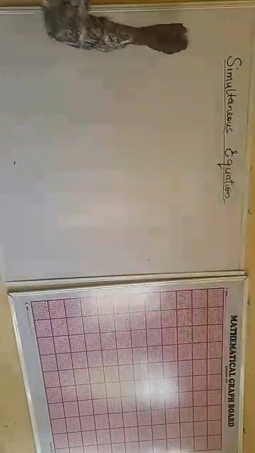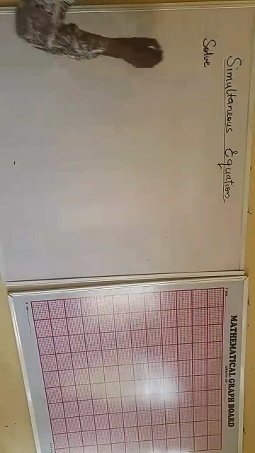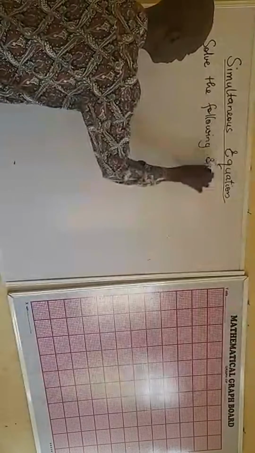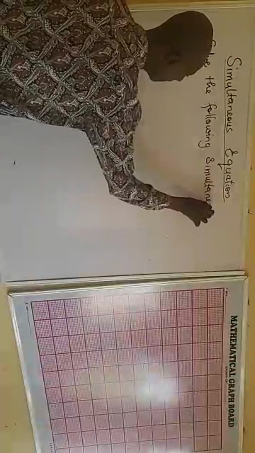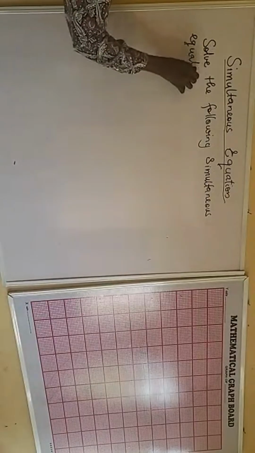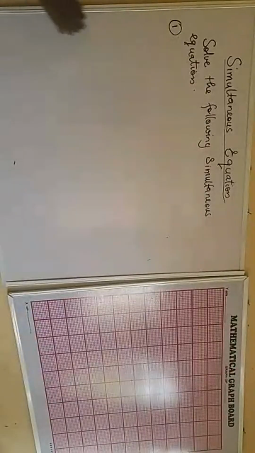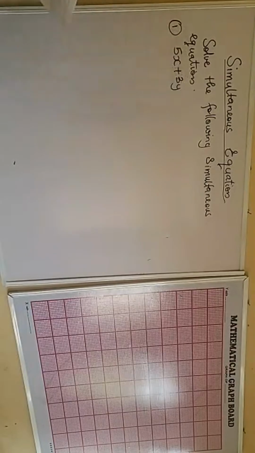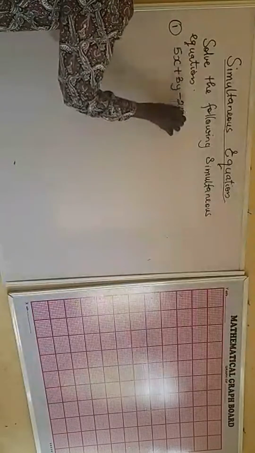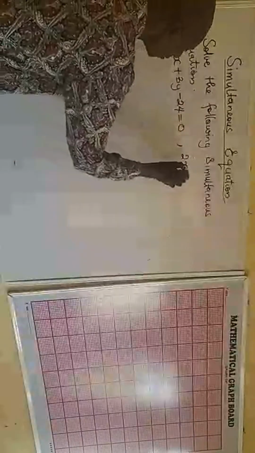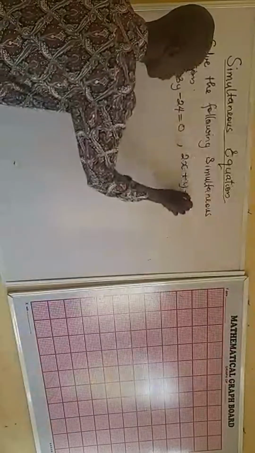Now, if you are asked to solve the following simultaneous equation: 5x plus 3y minus 24 is equal to 0, and 2x plus y is equal to 9.